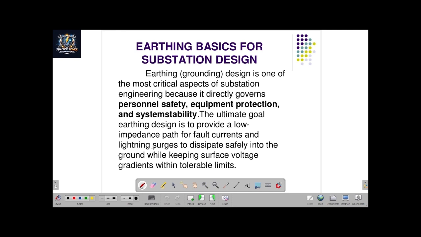During heavy lightning, a huge amount of current must be safely dissipated into the ground while keeping the surface voltage gradients within tolerable limits. When the fault current passes, the safe voltage gradient should be maintained.